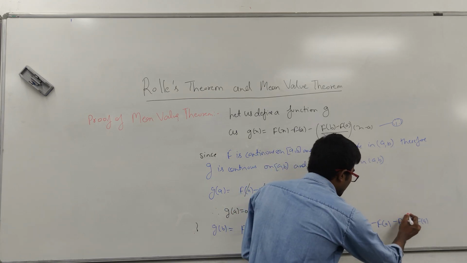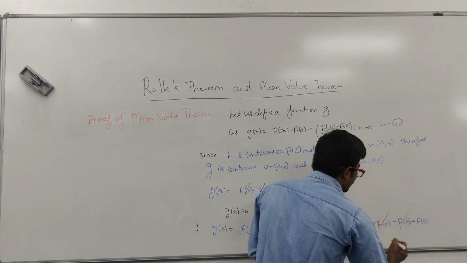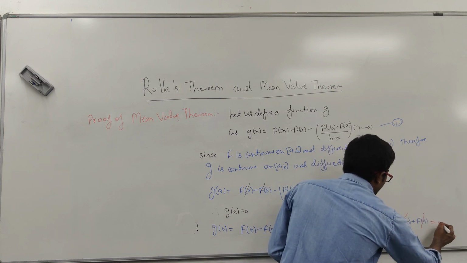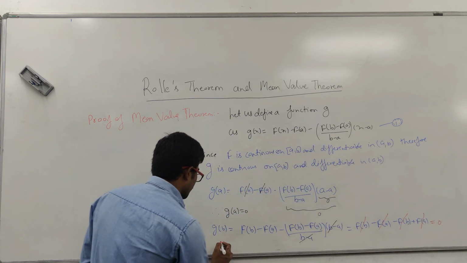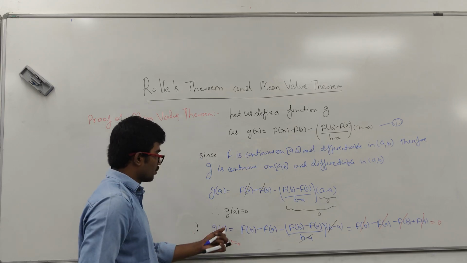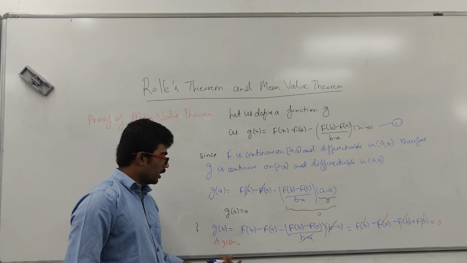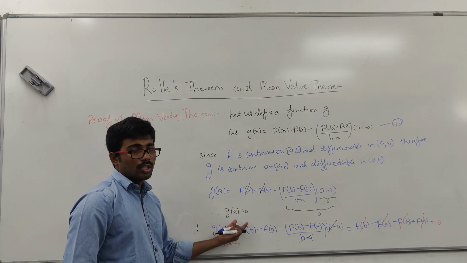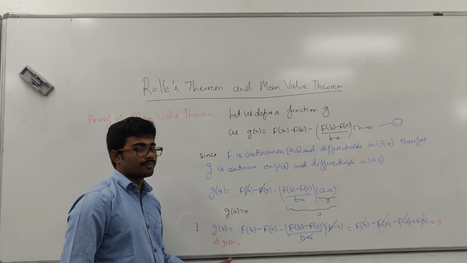So f of b minus f of a cancels out, minus f of a plus f of a cancels out, so this is 0. This implies g of b is 0. So here g of a equals 0 and here g of b equals 0. Therefore g of a equals g of b.